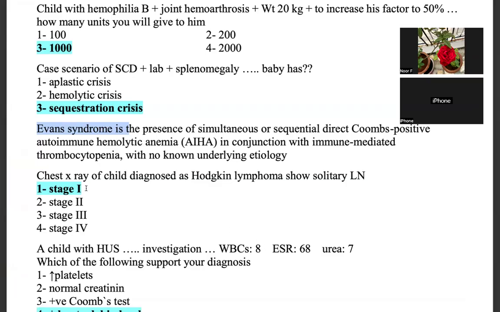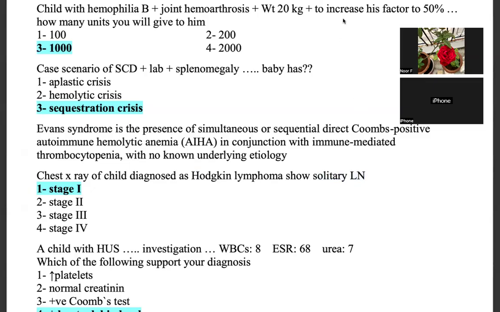Chest X-ray of a child diagnosed with Hodgkin's lymphoma shows a solitary lymph node. So a solitary lymph node means stage 1. In Hodgkin's lymphoma, there are stages. Stage 1 is only one group of lymph nodes involved.